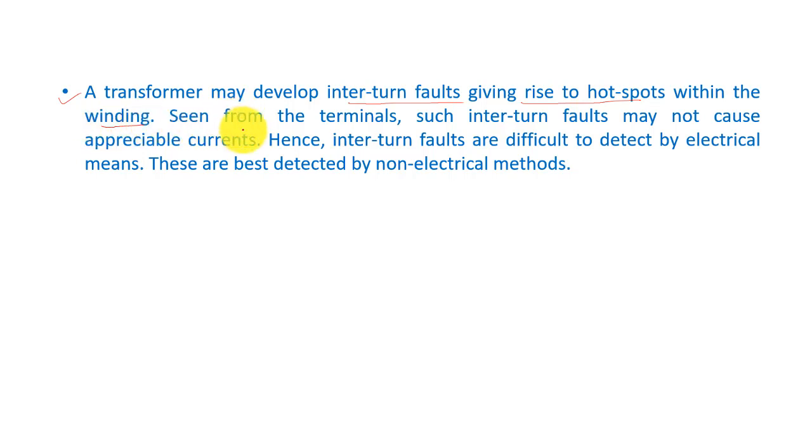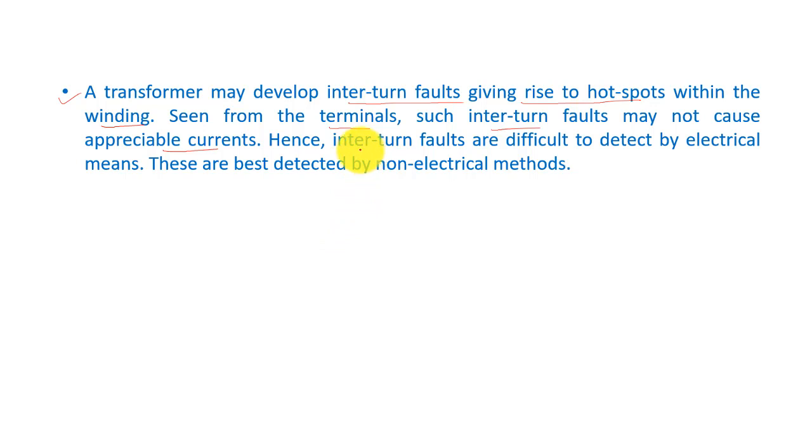So this interturn fault, as seen from the terminal, may not cause appreciable current. Generally these interturn faults don't actually cause appreciable current. Therefore the overcurrent relay doesn't detect it.